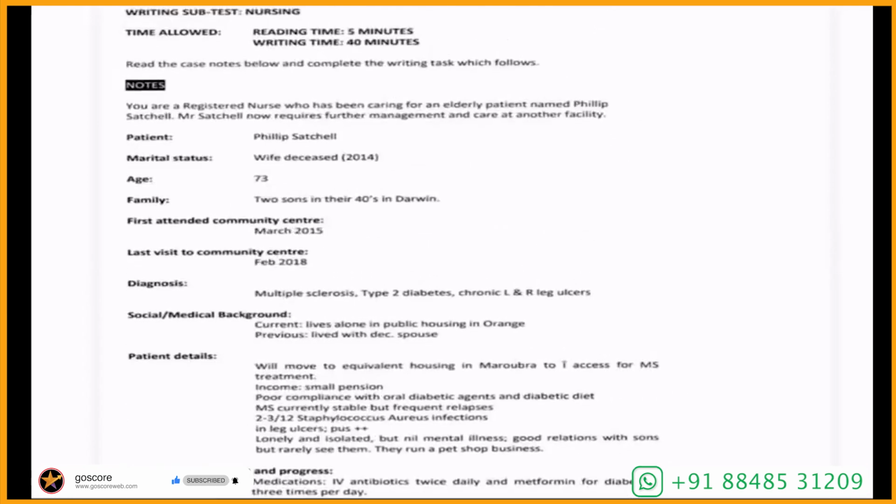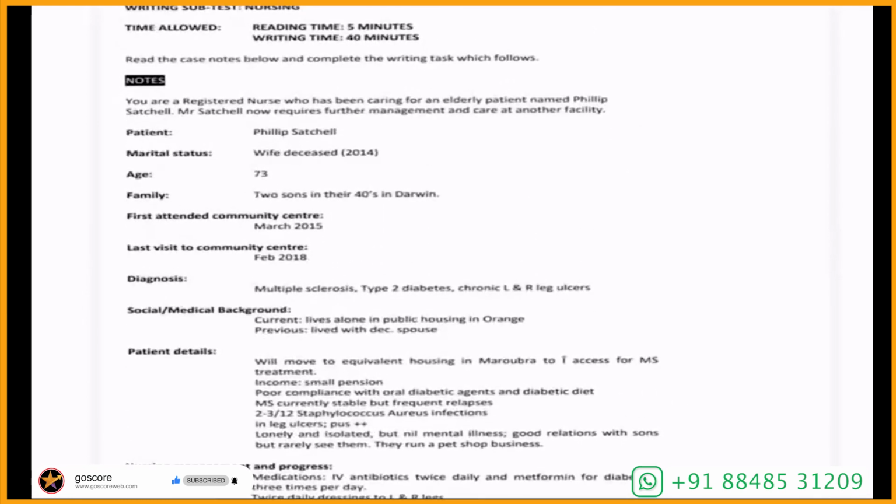Now, let's see why he is moving to Marubra. It clearly says that this patient needs further management and care in Marubra. Let's see why he is moving from this present center to another place. Now, read the letter. The patient's name is Philip Satchel and his marital status is wife deceased. The age is 73, family: 2 sons in Darwin.